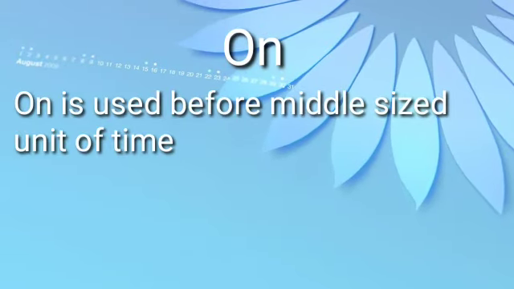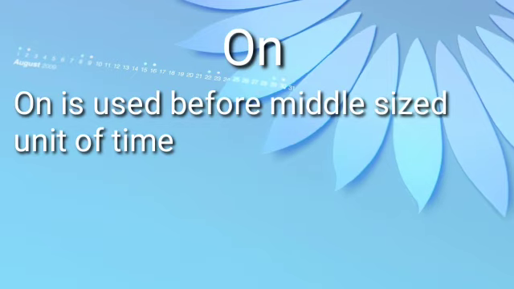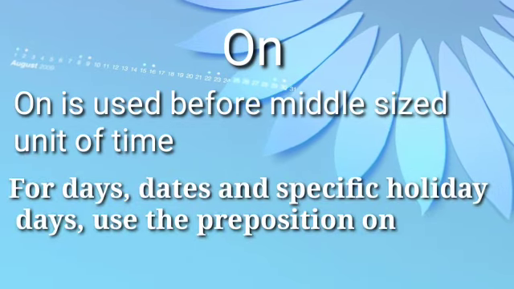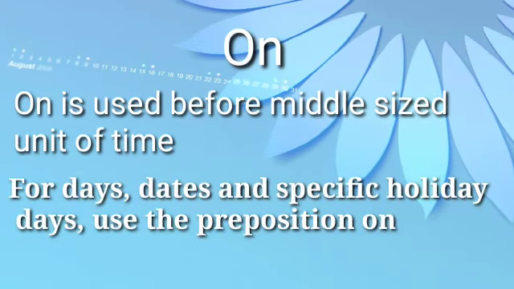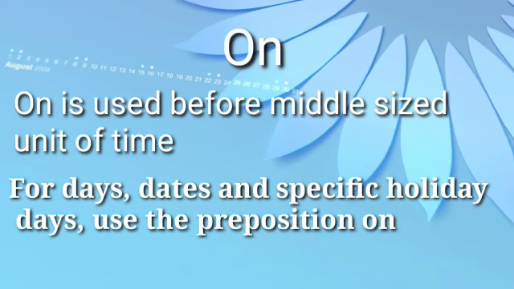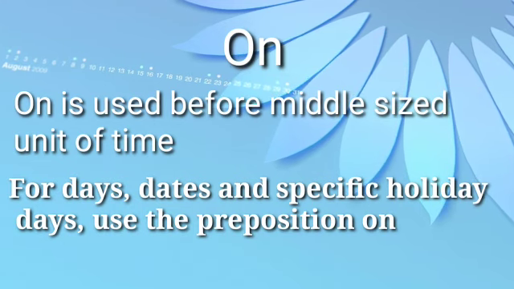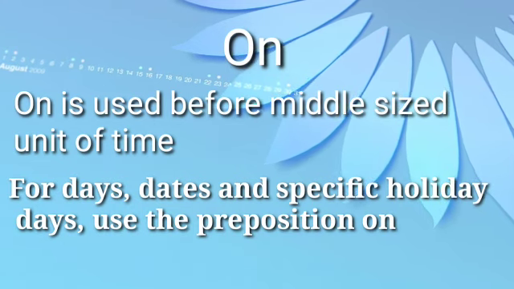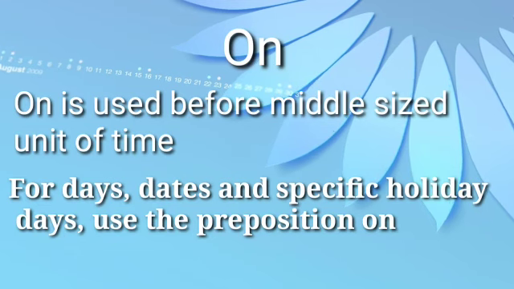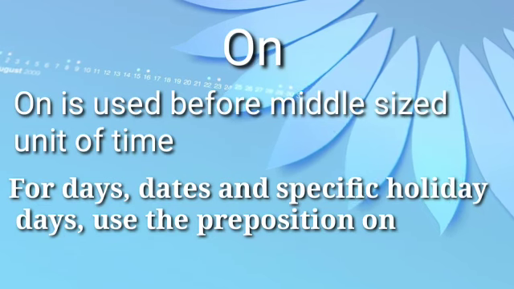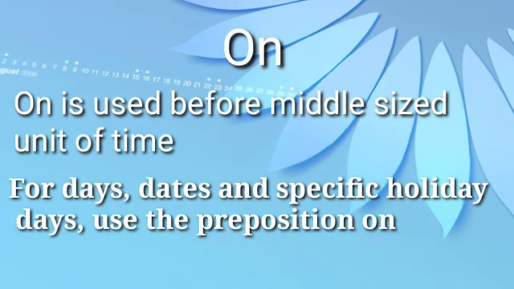On is used before a middle-sized unit of time. For days, dates, and specific holiday days, use the preposition on. On digunakan untuk ukuran waktu yang sedang, seperti pada hari, tanggal, dan hari libur spesial itu menggunakan preposisi on.